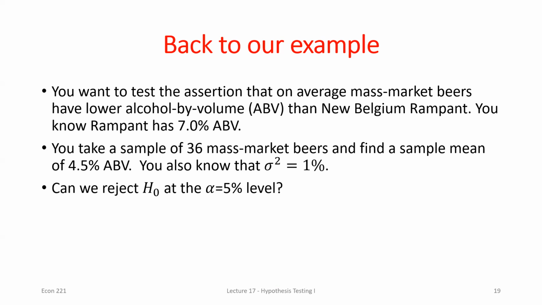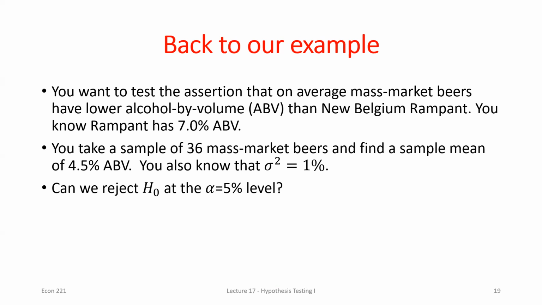Because if I'm seeing evidence that's inconsistent enough with that null, greater than or equal to 7, it's going to be even further away from values that are less than 7. So I'll revisit that on Wednesday, but for now, just know that the cutoff value you're using, or the assumed true mean, will just be whatever value is in that null hypothesis.